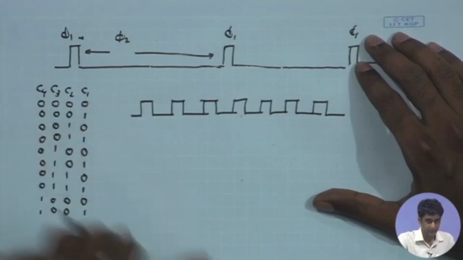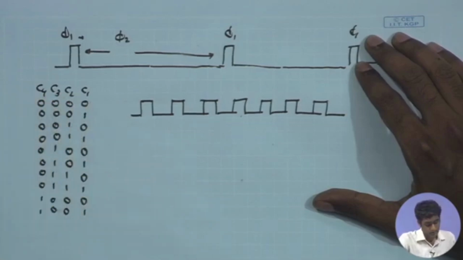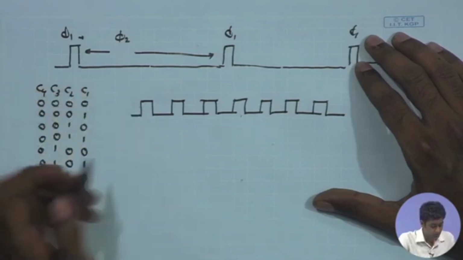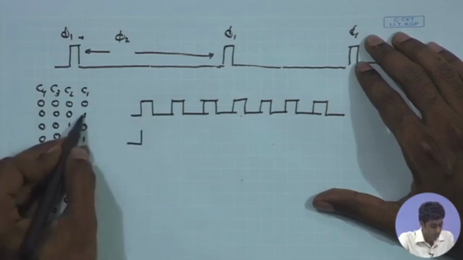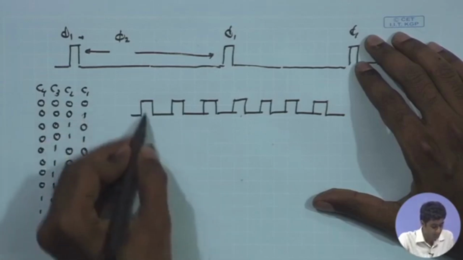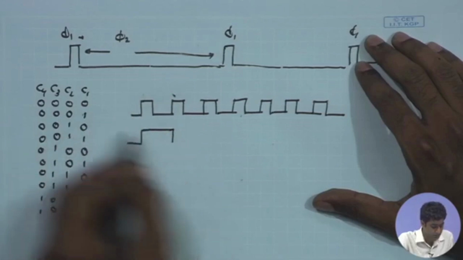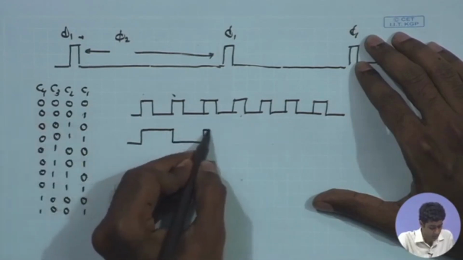So, C1 is the first bit LSB, C2 is the second, then third, fourth bit and so on. For C1, it is going to start with 0 and at the first edge suppose it goes to 1, at the second edge of the clock after one period it goes to 0 again, after the third edge of the clock it goes to 1 again and it keeps repeating.